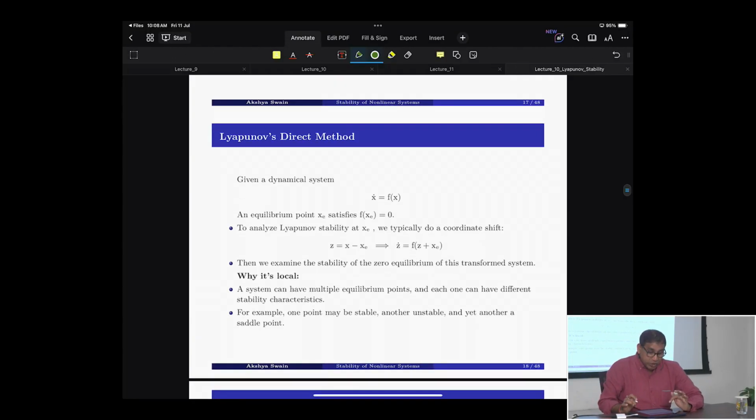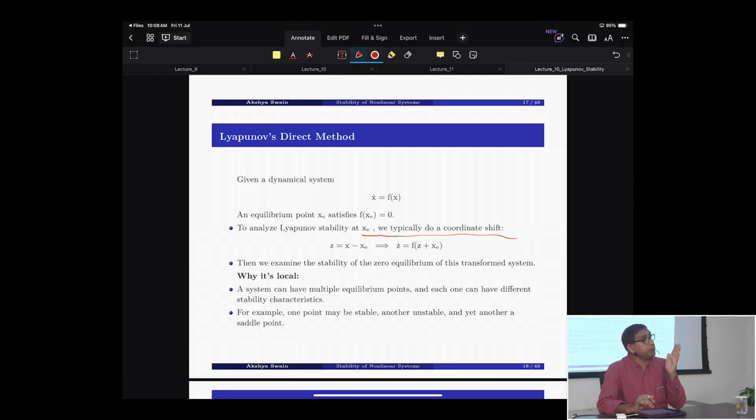Given a dynamic system x dot is equal to f of x, an equilibrium point x_e satisfies f of x_e equal to 0. To analyze Lyapunov stability at x_e, we typically do a coordinate shift.